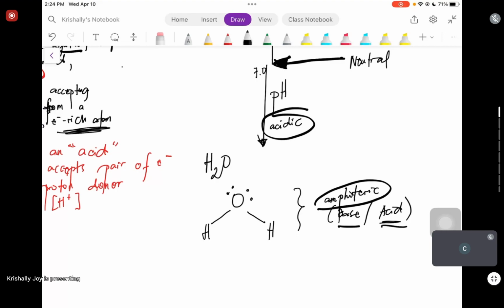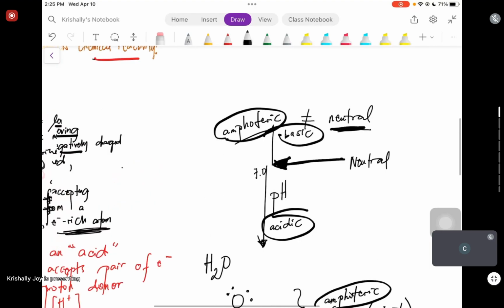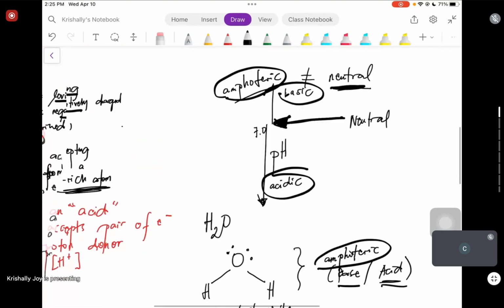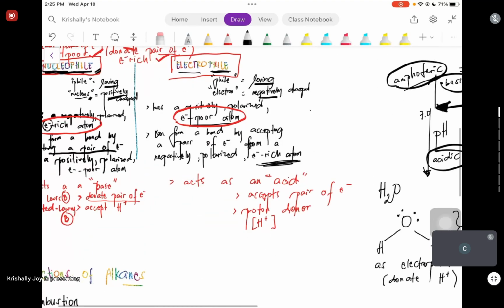When does it act as an electrophile? Ang water, it will act as an electrophile if it is able to donate proton. Okay? If it is able to donate proton. Kasi diba sabi natin dito sa definition, electrophile is synonymous to an acid.